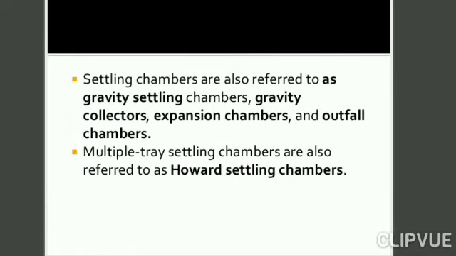Settling chambers are also referred to as gravity settling chambers, gravity collectors, expansion chambers and outfall chambers. Multiple tray settling chambers are also referred to as Howard settling chambers.